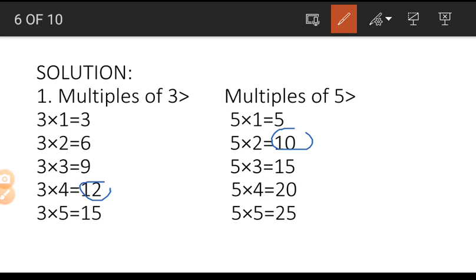Well, the first 5 multiples of 5 are 5, 10, 15, 20, and 25. So it's very easy to form your multiples.